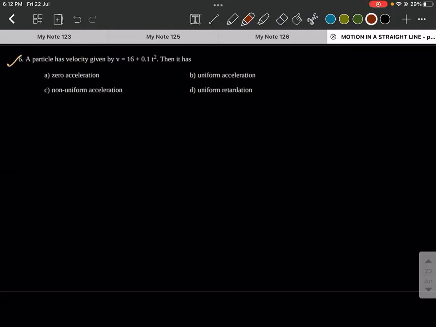So there is a particle which has a velocity of v is equal to 16 plus 0.1 t square. So they are concentrating on acceleration. For acceleration, do dv by dt. dv by dt is how much? 0.2 times t.